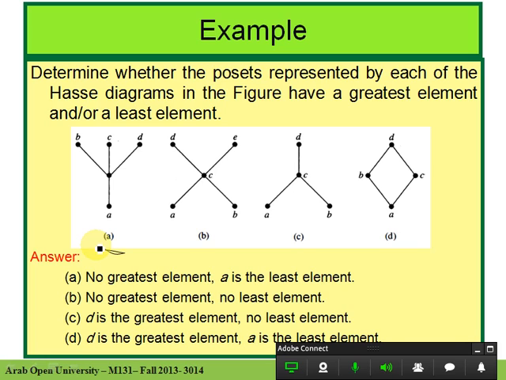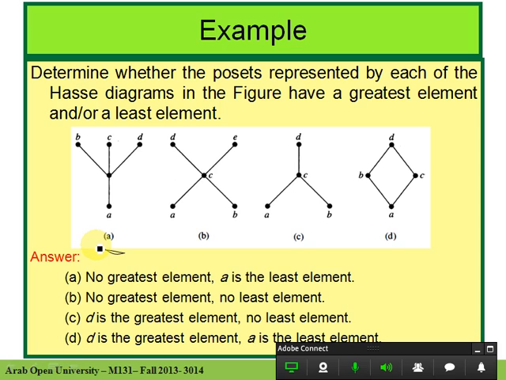What about B? Minimal also? Sorry, where is B? No, B is not minimal. At the level of B you have B and C. Okay, he is asking about this one. So do they have greatest and least?